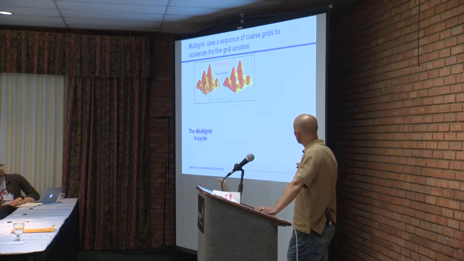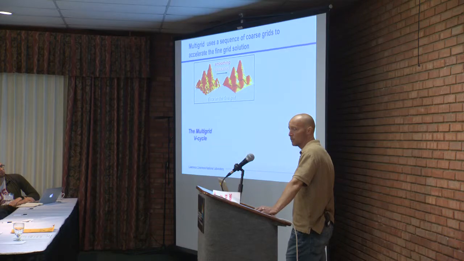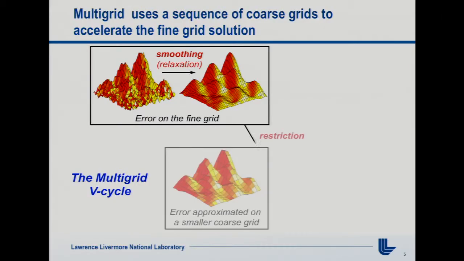And what happens when you apply this to the linear system, at least in this classical setting, is the underlying error becomes smooth. And so the second important part of a multigrid method is to realize that you can approximate that underlying error very accurately on a coarser mesh. So you can project the problem down here and solve a much smaller problem.